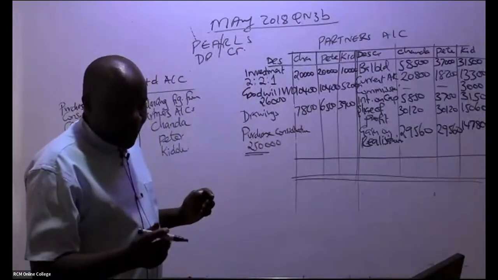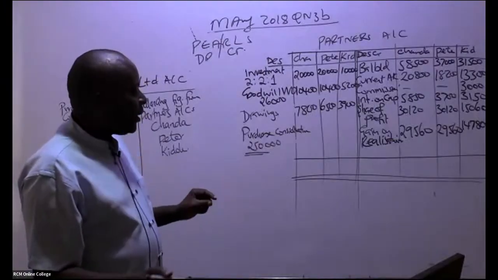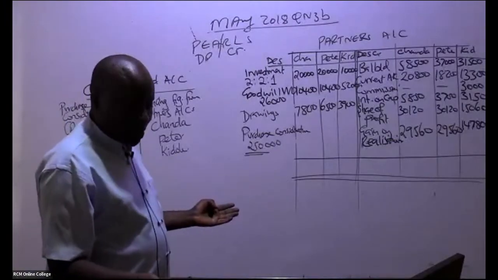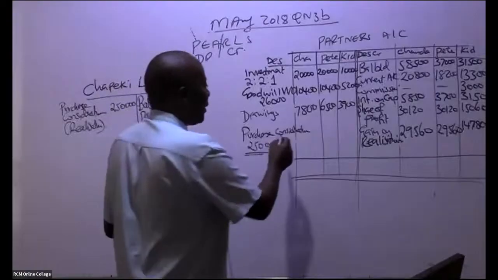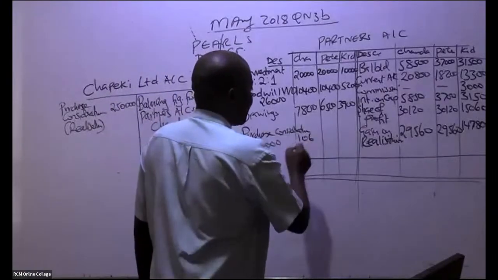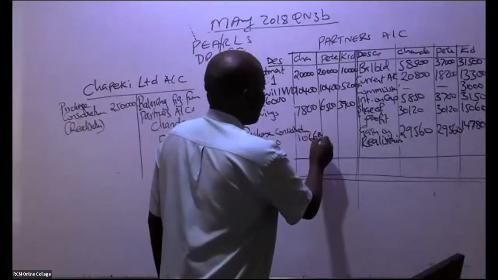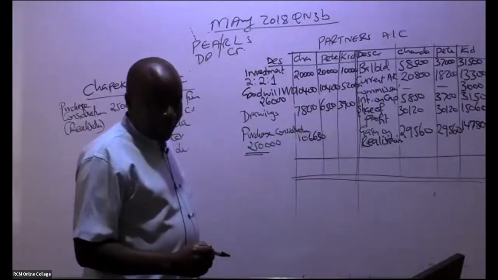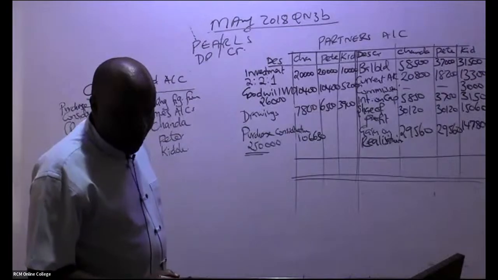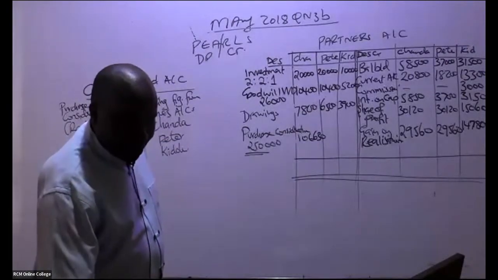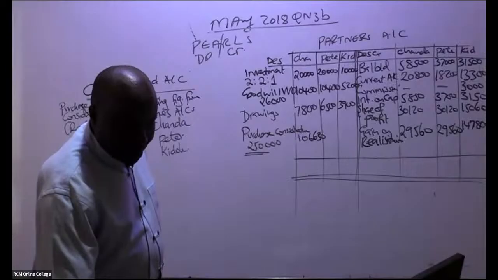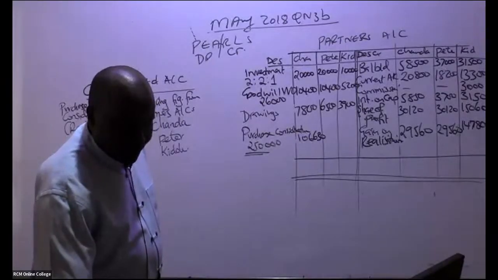A ninja has already given me these answers. Somebody is telling me that this balancing figure is 106,630.